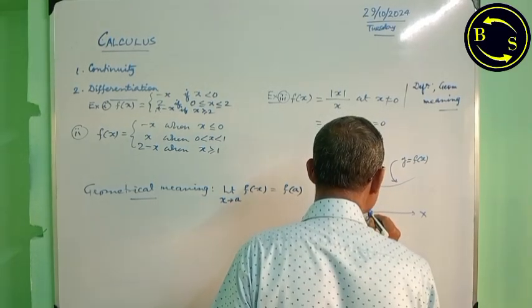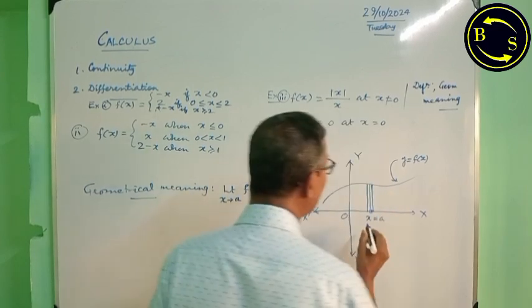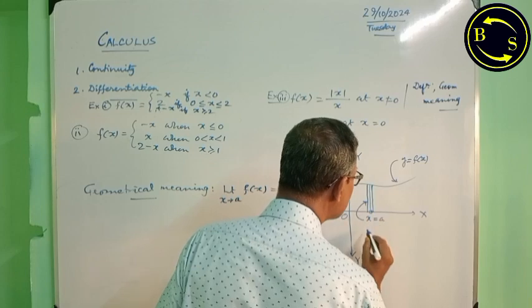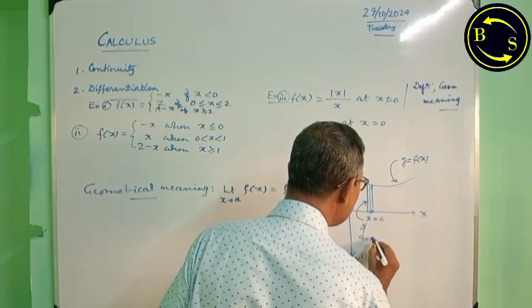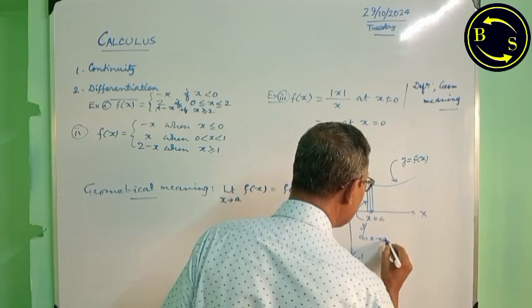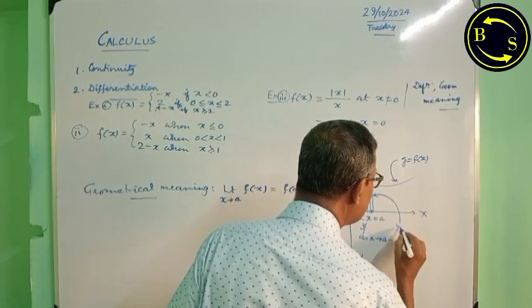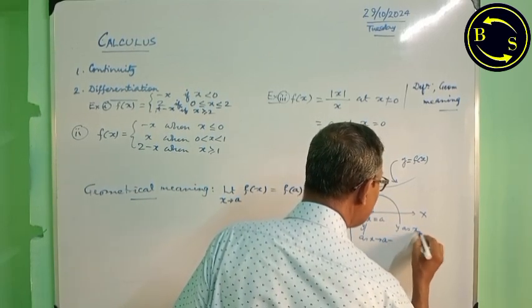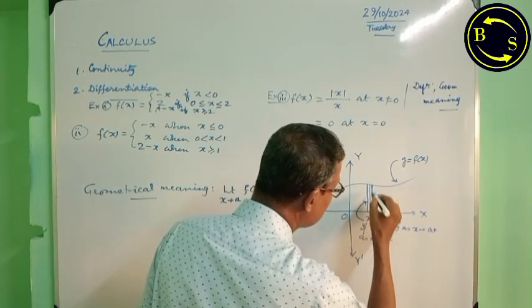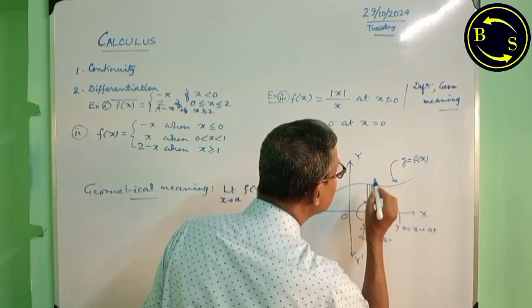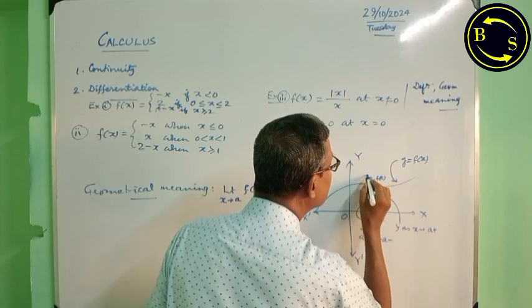I draw like this. This is y as x tends to a minus, and this indicates y as x tends to a plus, and this indicates this point is the f(a) point.